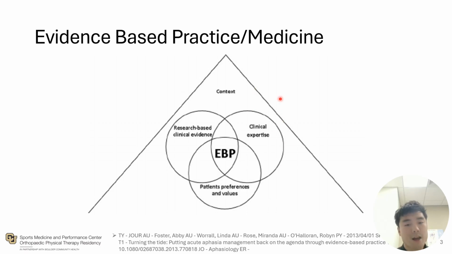Whether that's in an outpatient orthopedic setting or in a home health setting, or even just in the unique context of our society being in the US and our healthcare system, right? And then the other contextual factors that a patient might face, like again, their socioeconomic background or in the context of their culture.